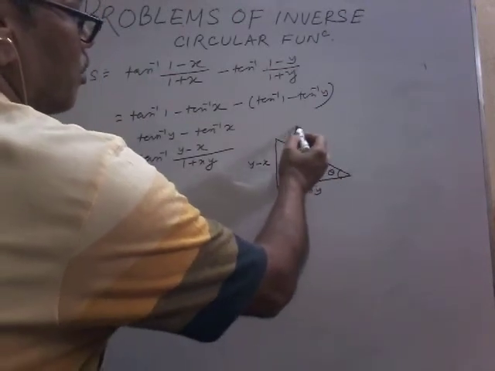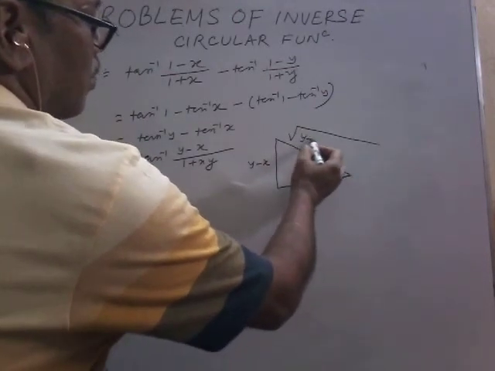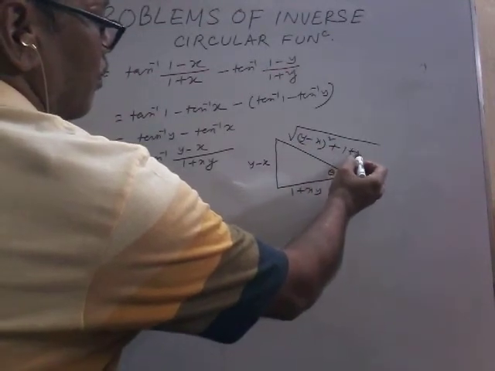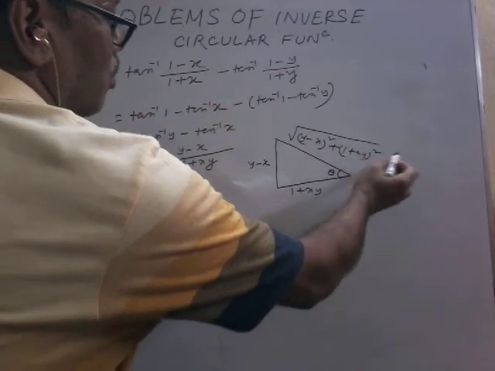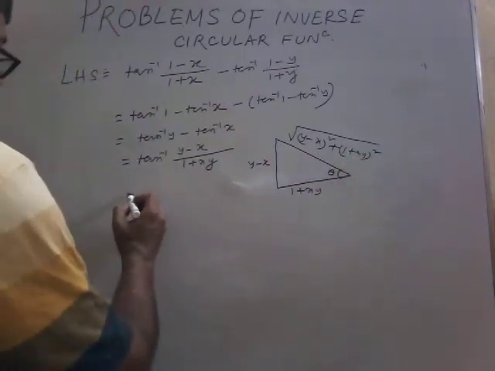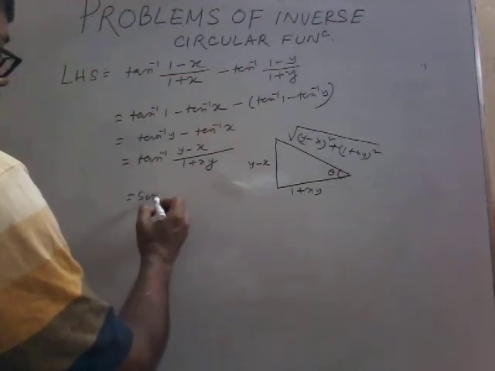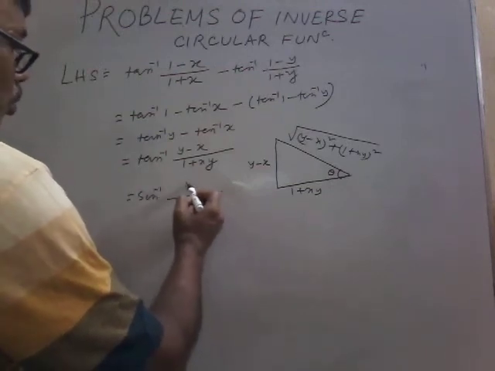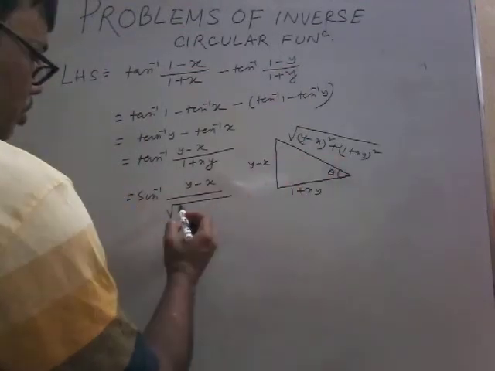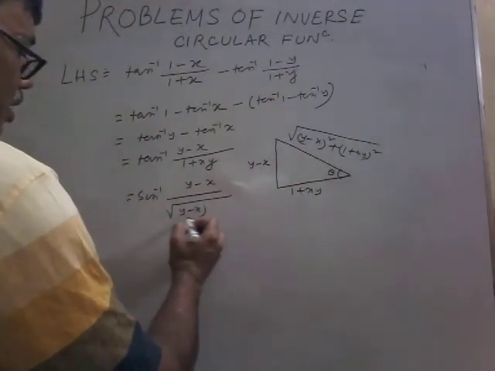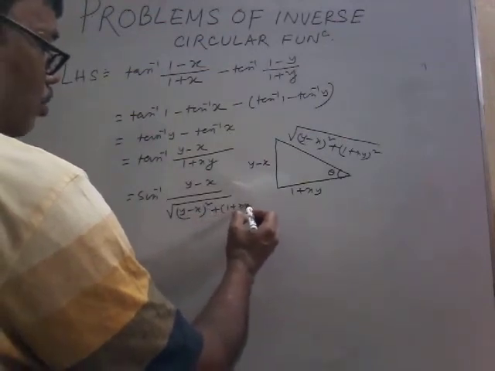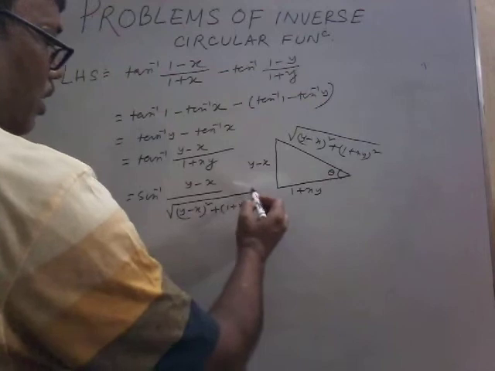So what is the hypotenuse? Root of (y minus x) whole square plus (1 plus xy) whole square. So the final result is sine inverse of (y minus x) by the hypotenuse.